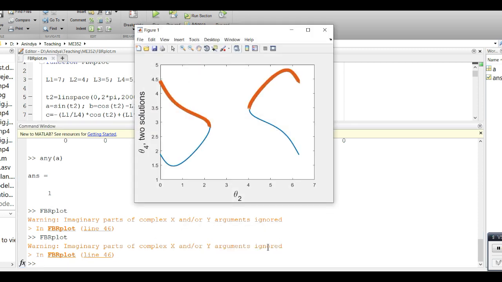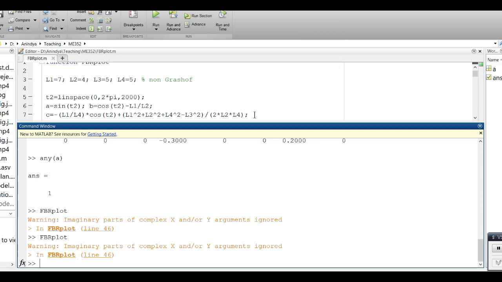Here's the figure. It seems like there are two branches, but actually you see this one is reaching 2 pi and then this one is again on this side of 0. So actually this part can be moved here, and a simple way to do it is if it is bigger than pi, then we subtract 2 pi. That is how we have to change the code, and we have done that.